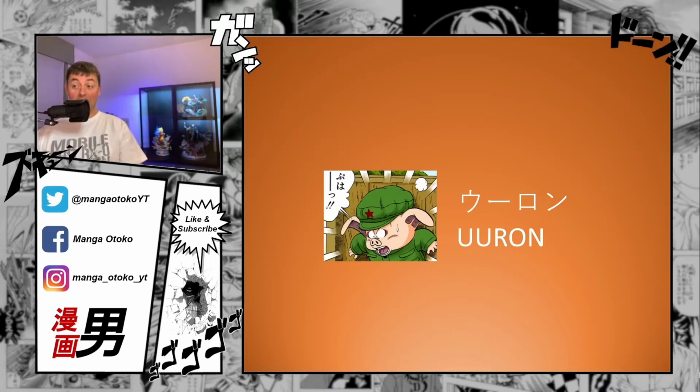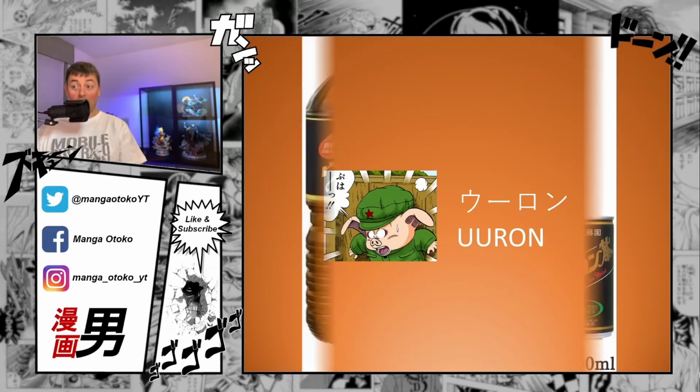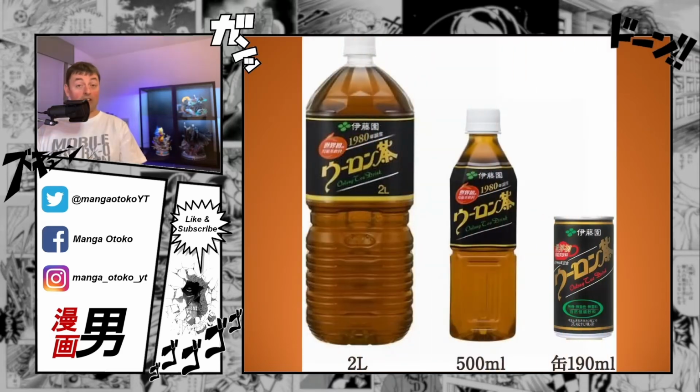And the Chinese costume, I think, is a little bit of a reference towards the fact that the original Saiyuki story was a Chinese folklore tale, and also to his name, because Ulong actually means a kind of Chinese tea, which is quite popular in Japan, which you can find in supermarkets quite easily or in convenience stores.